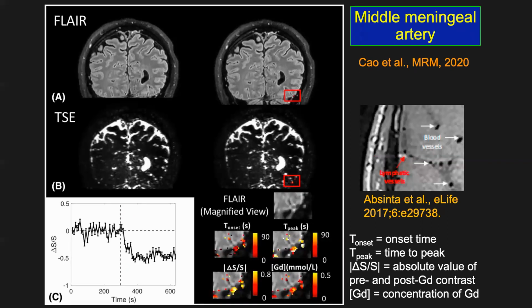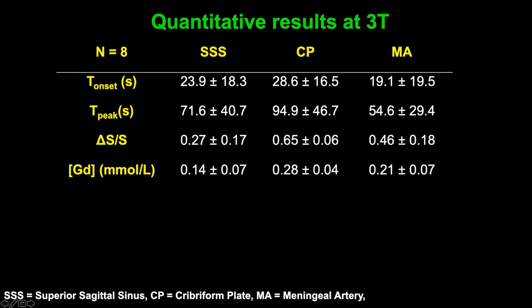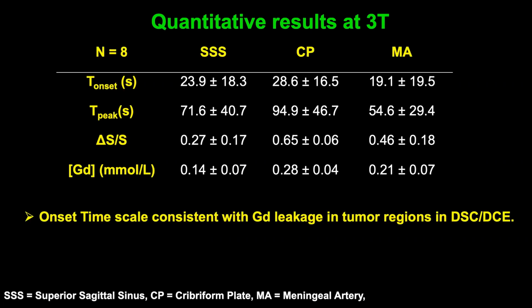Here are results from 2 other regions. This is the middle meningeal artery region. And this is the olfactory region. Here are quantitative results showing mean and standard deviation from 8 subjects of 3 regions' curves. Our onset time seems to agree with tumor DSC and DCE studies.